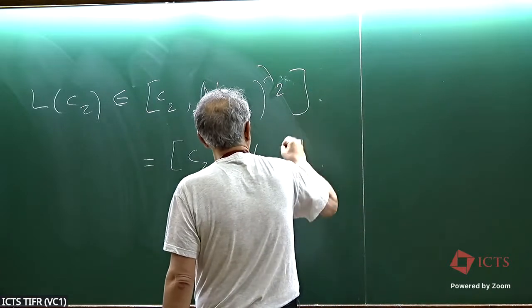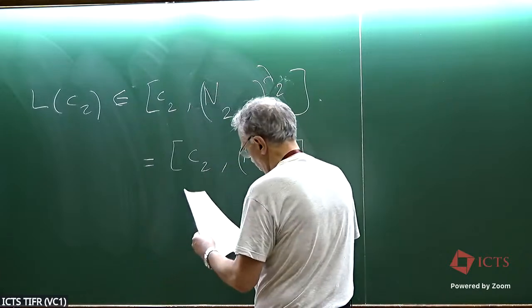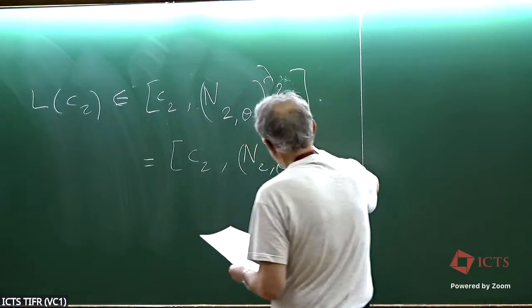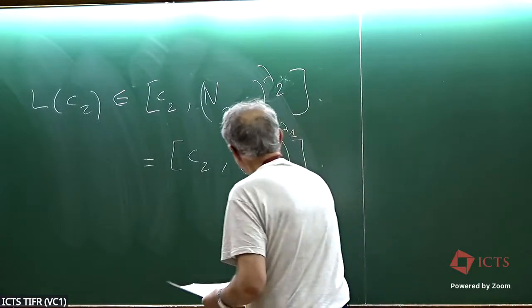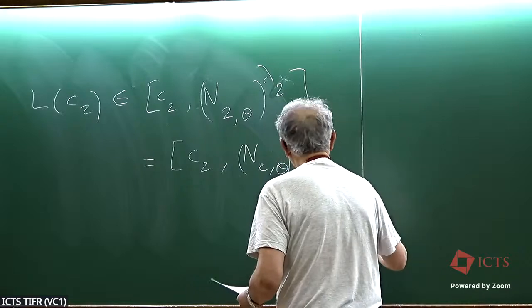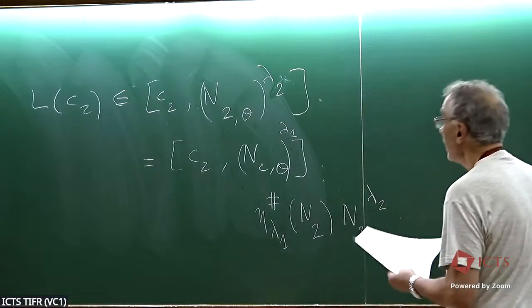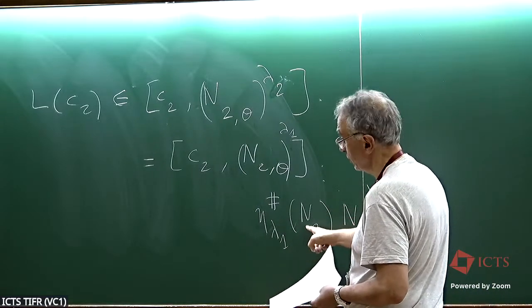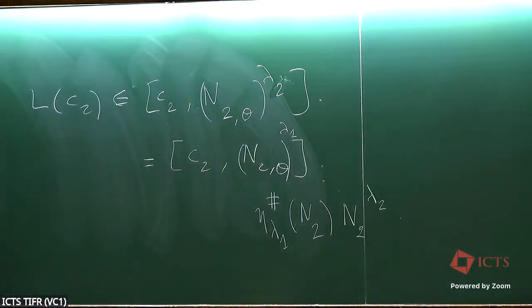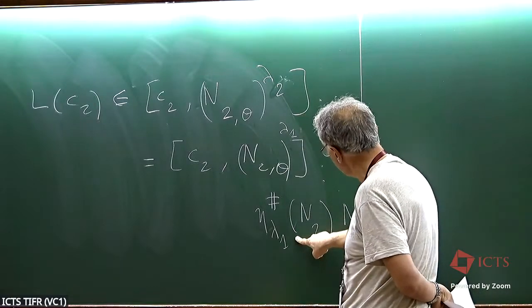I can keep the lambda 1. Okay, so let's say like this. But as I said, this is exactly eta lambda 1 sharp of N2 multiplied by N2 lambda 2 by definition of this quantity. Here I forgot to say that this is the one for N2. This is obtained from this by multiplying by this quantity.